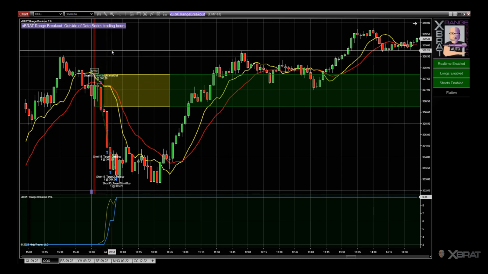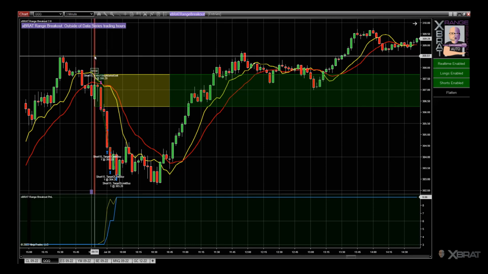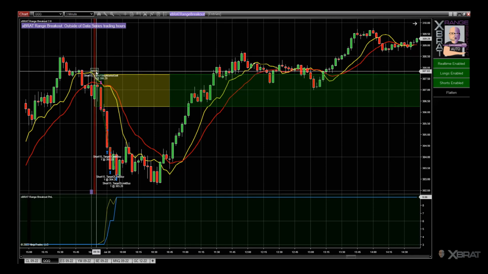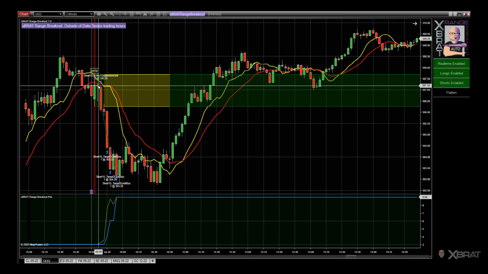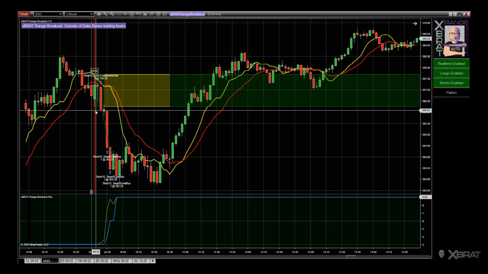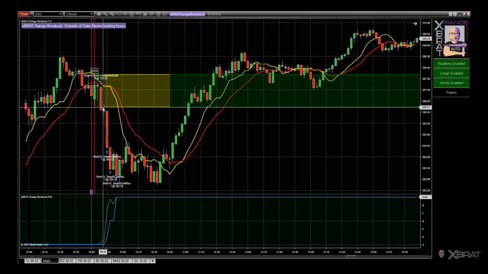However, with reversals, if that doesn't get broken, or if it does get broken only by about 5% or 10%, and it starts to reverse back down and comes back out the bottom, this is the reversal strategy that we have here. And it's got to be within the first 5 candles of that opening range. And this is important. The indicator actually gives you the bias.